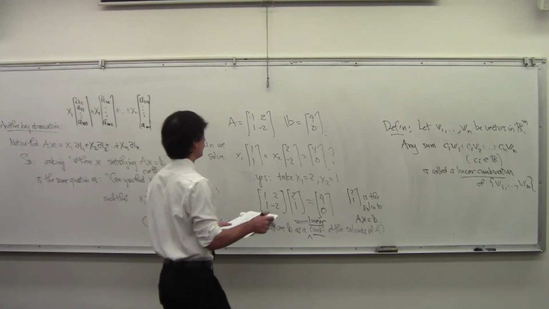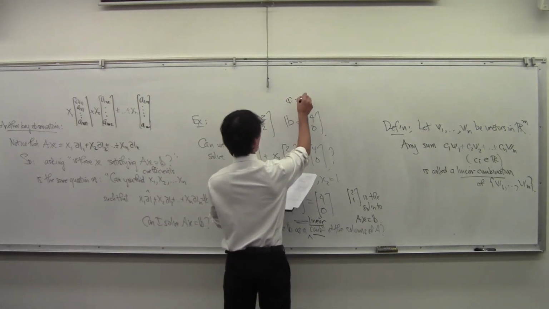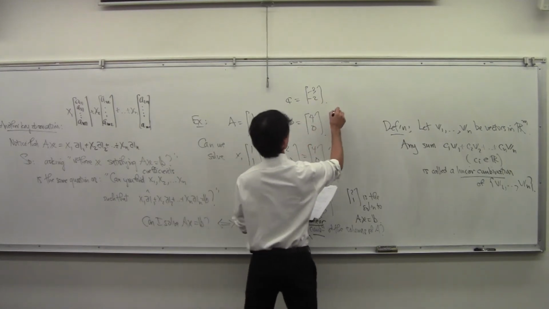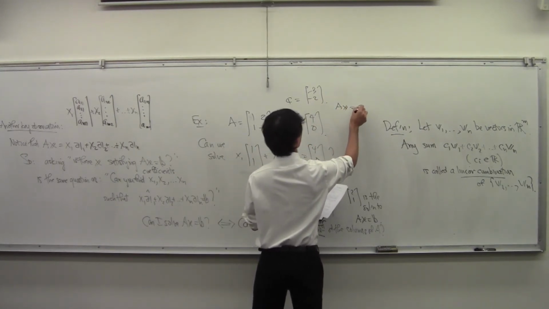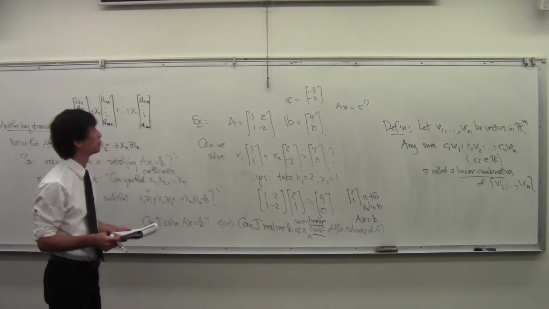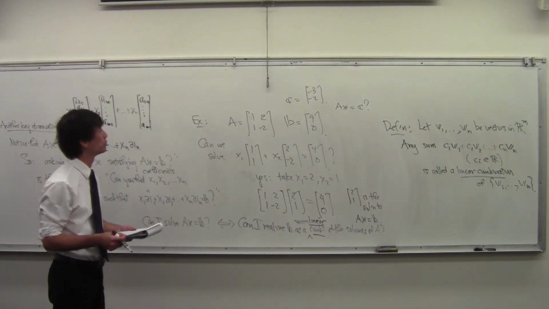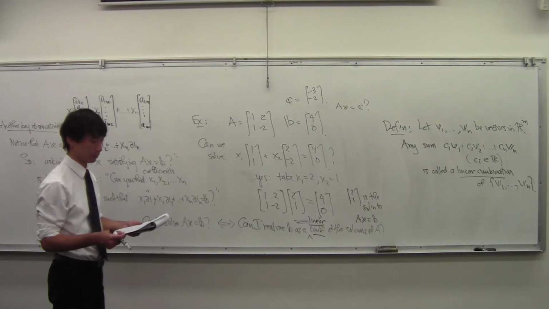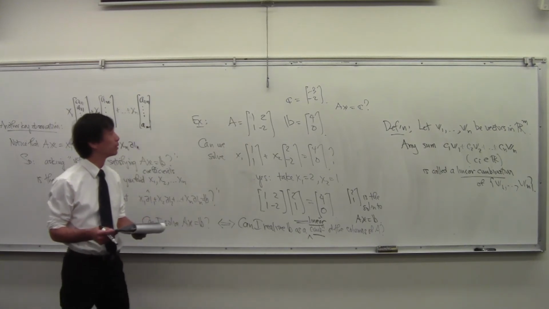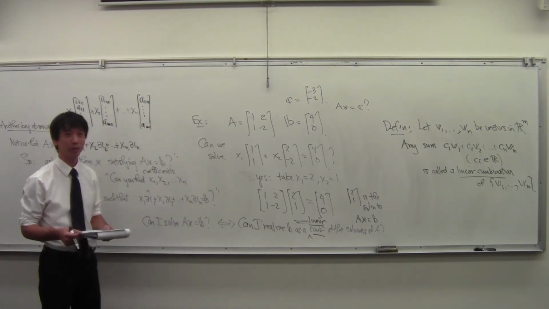So for example, if I let c be -3, -2, and I say, can you solve Ax equals c, with the same A? Maybe try that.